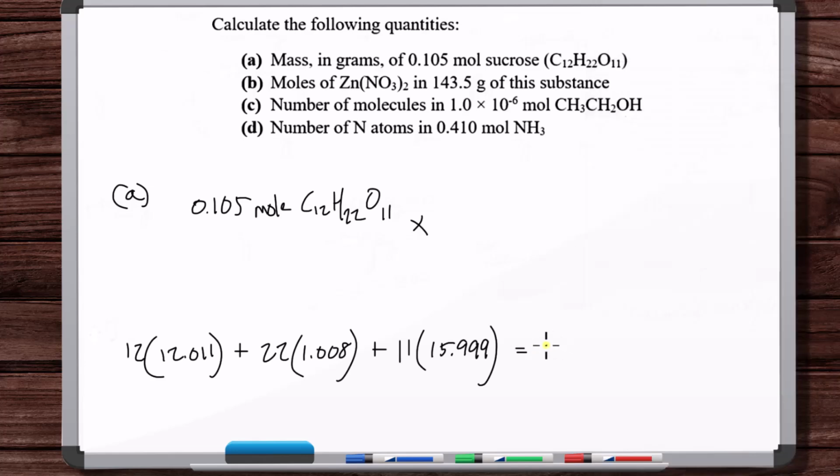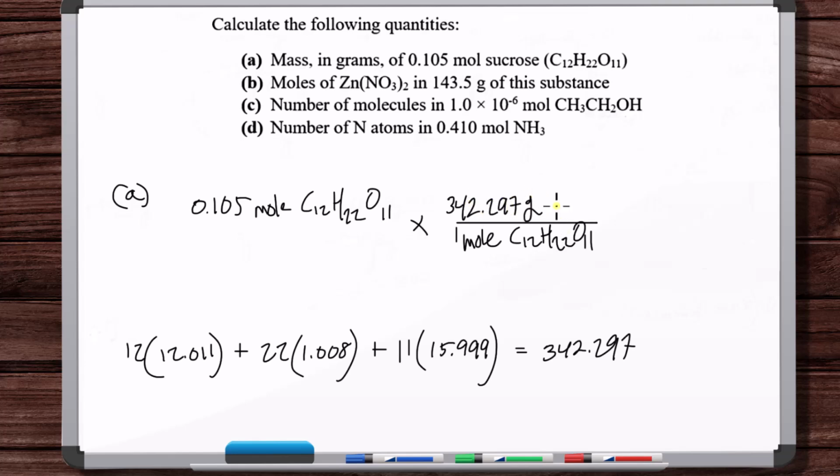342.297. That's the molecular weight of sucrose, but it's also the molar mass. This is also saying that for every 1 mole of sucrose, there's 342.297 grams of sucrose.